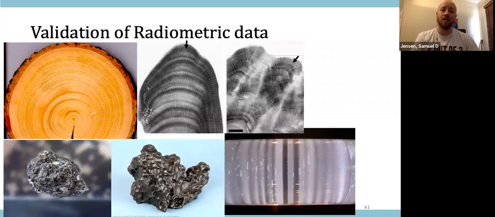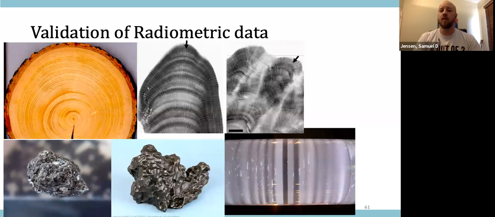Coral has layers. And so we can look at a coral sample, a slicing of coral, and see its growth rings over time. And so we can validate things like the carbon content in a coral sample to how many rings it has, and then calibrate that against our instrument where we're dating things as well.